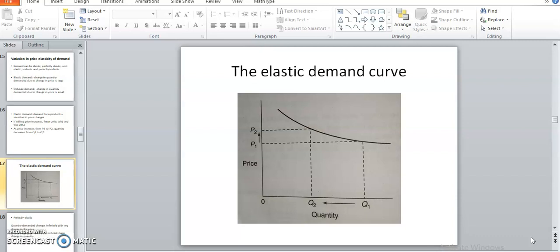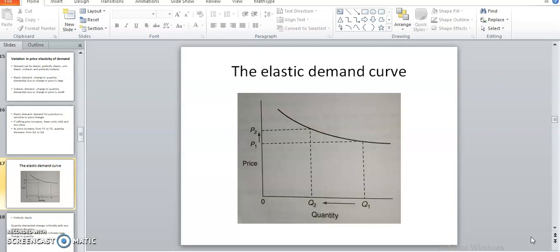This flat curve is what we observe in an elastic demand curve, where a very small change in price affects the quantity demanded very much. As the price changes from P1 to P2, the quantity demanded changes from Q1 to Q2, and that change is very large.